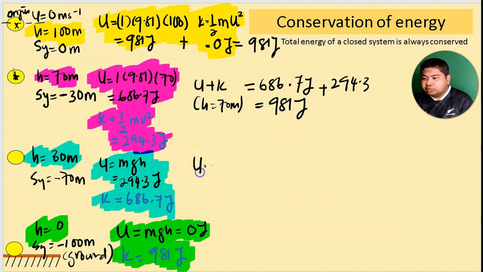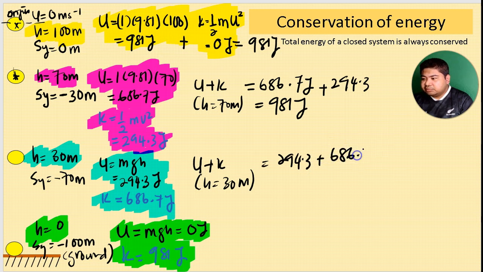When you add U plus K at the height of 30 meters, you have the potential energy 294.3 plus the kinetic energy 686.7, and you are going to get 981 joules.